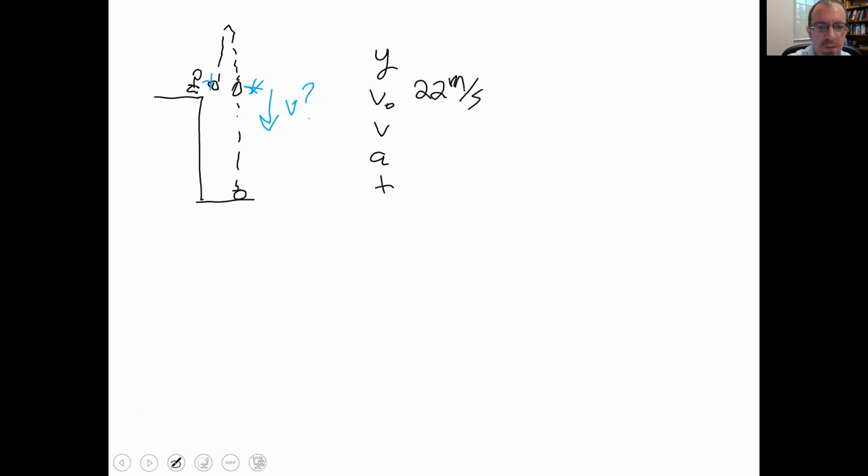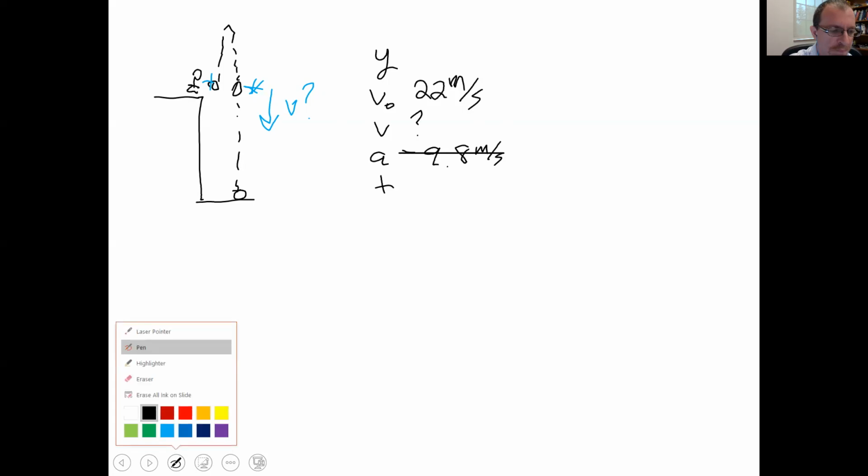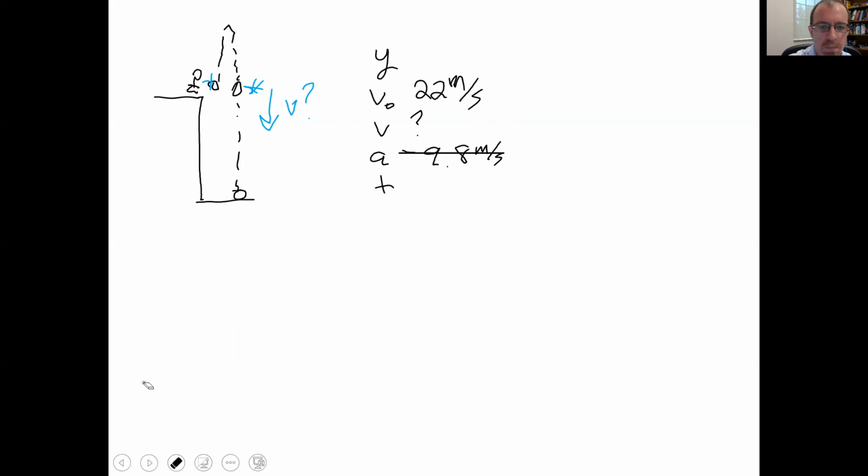The final velocity is what we're looking for. The acceleration is the acceleration due to gravity, which is negative 9.8 meters per second squared. We don't know the time.